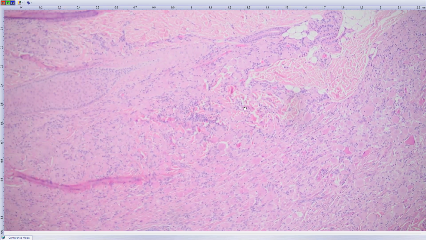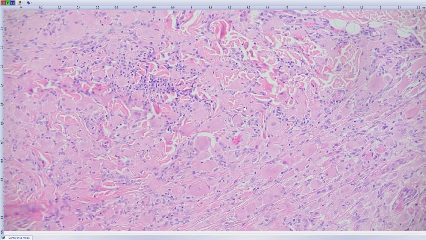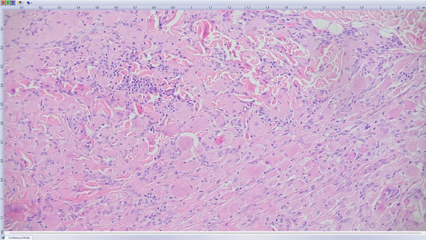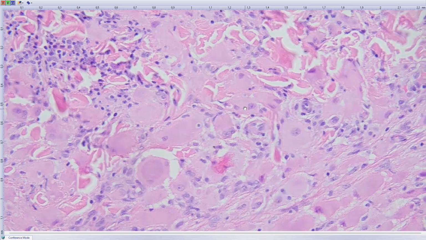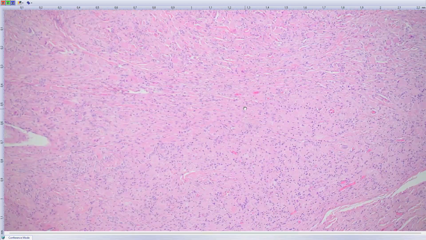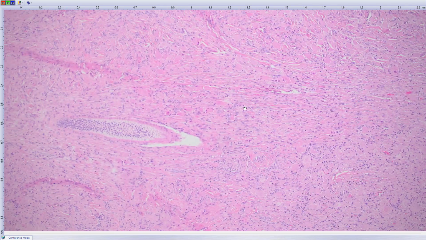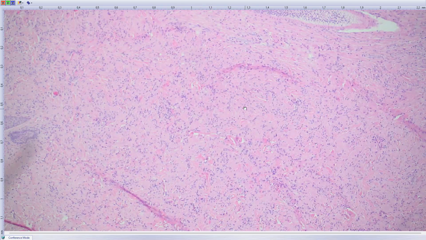You can think about Rosai-Dorfman or juvenile xanthogranuloma or reticulohistiocytoma, and most commonly we see solitary reticulohistiocytoma. You can see some cells with emperipolesis, but it's not very widespread. So given the age, a 1-year-old boy, I think this is solitary reticulohistiocytoma.